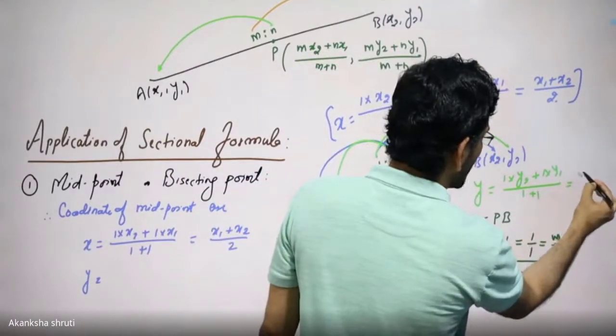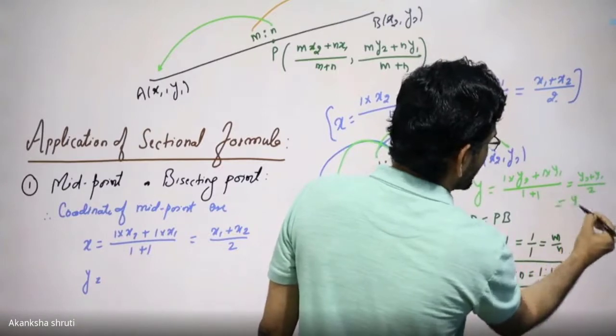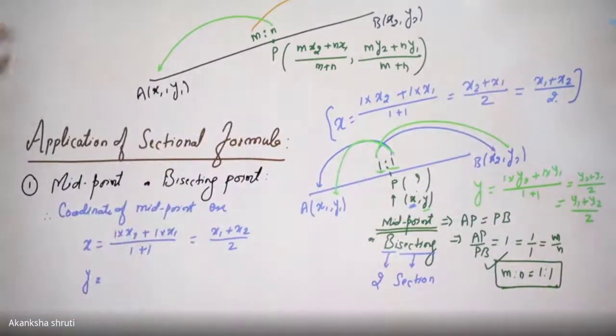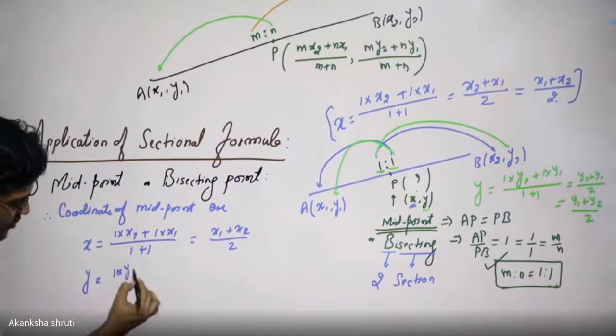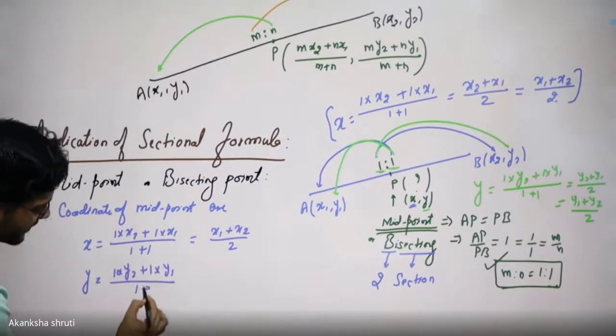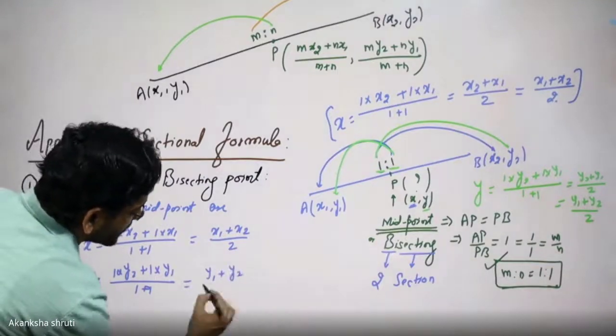It is also y2 plus y1 by 2, or y1 plus y2 by 2. Students, let us rewrite it. So the y is calculated by 1 into y2 plus 1 into y1 divided by 1 plus 1. It is y1 plus y2 by 2.